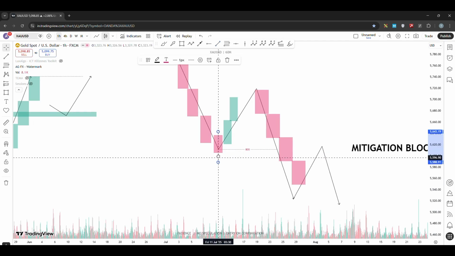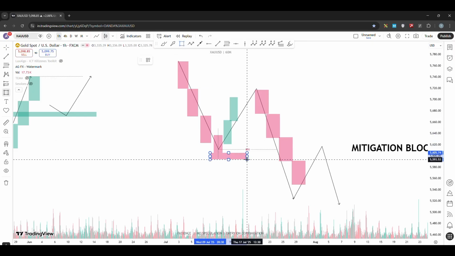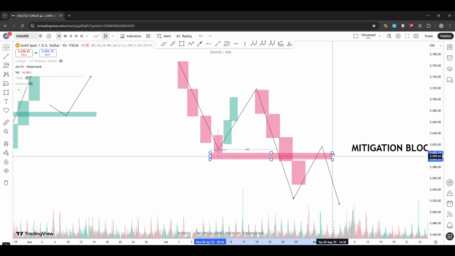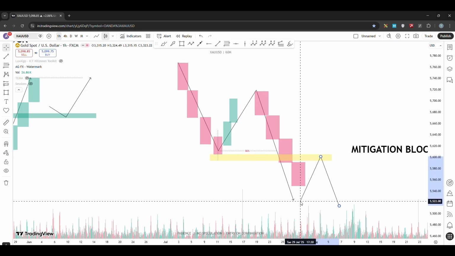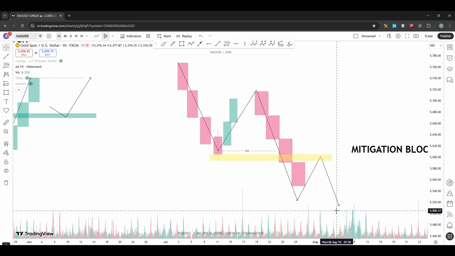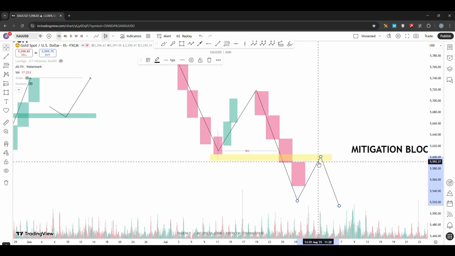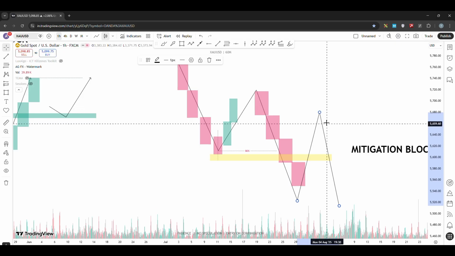In that case, what I will do is I'll be marking the low of this mitigation block, and if there is a fair value gap along with it which overlaps with this mitigation block, in that case this will become a much more powerful POI, and there is a very high chance that the market is going to tap into this POI and it is directly going to drop from here without giving a pullback all the way to the last POI, which is the order block, right?